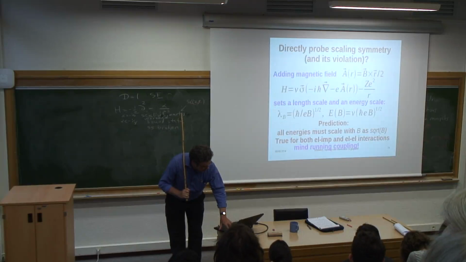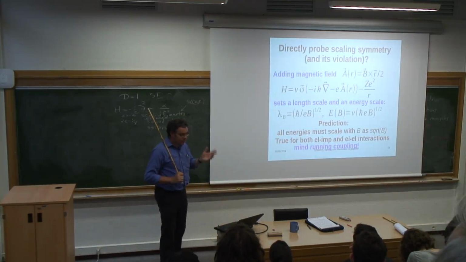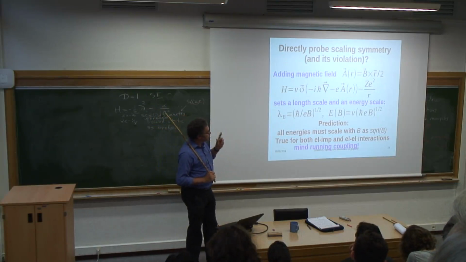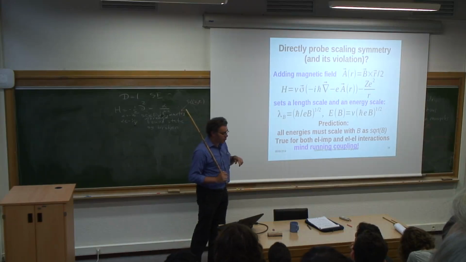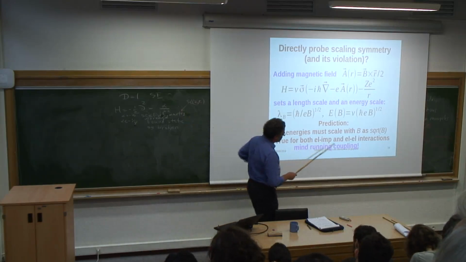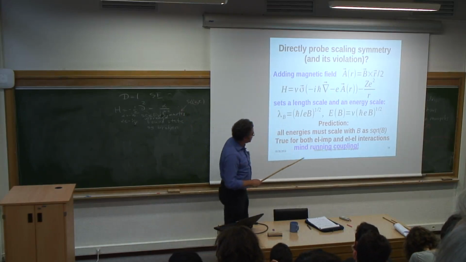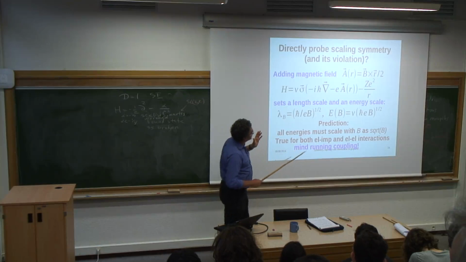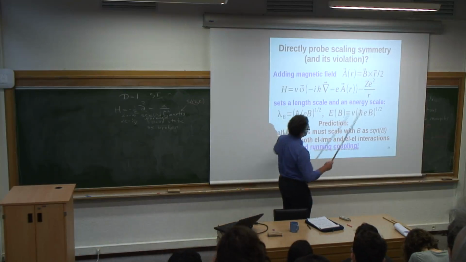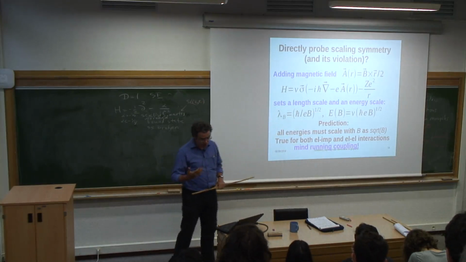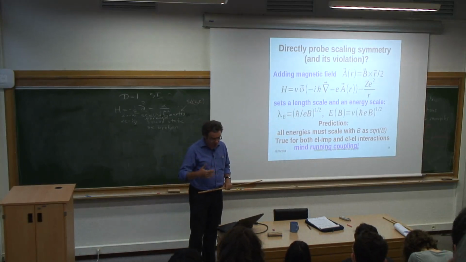I also should mention that the same discussion as we're having now would apply if I switch from a non-interacting problem to an interacting problem. If I add electron-electron interactions, which we'll do shortly, the Hamiltonian that we'll write will still obey scaling symmetry. So everything we're saying scaling symmetry-wise should be true also in the presence of interactions.